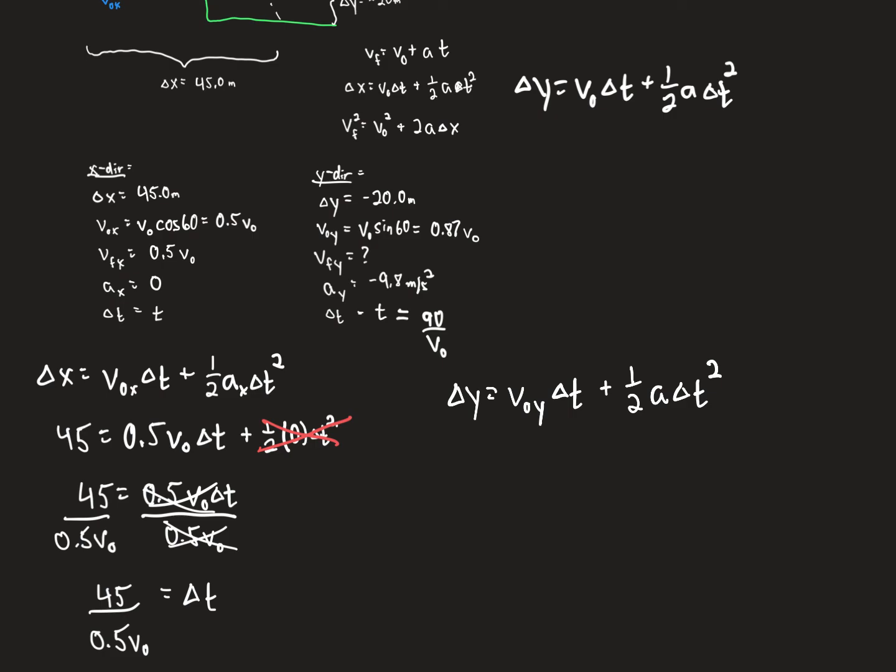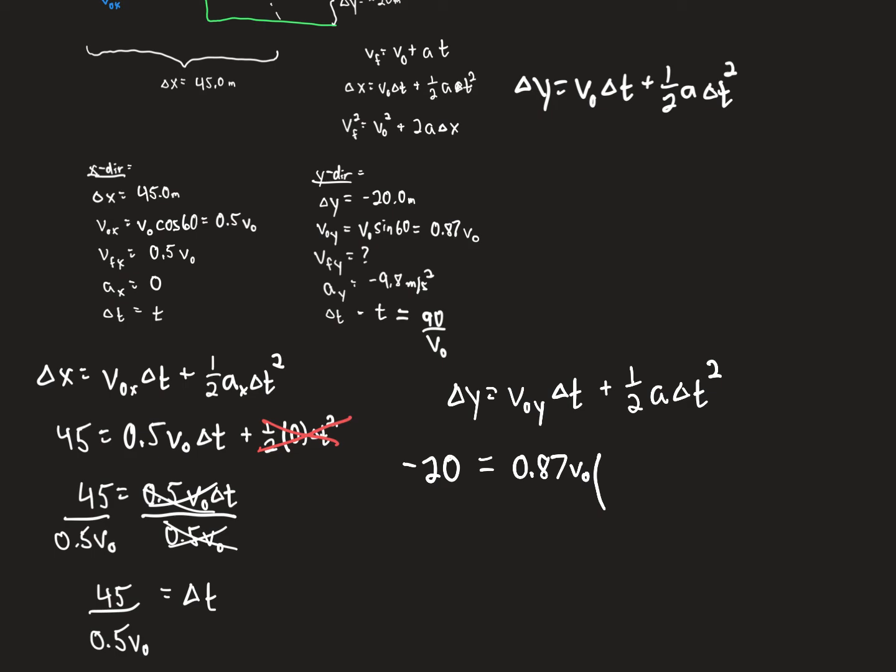Change in x. What is change in x? Sorry, change in y. That's what we want. Negative 20. That's the change in y. V initial y. What is that equal to? 0.87 times v initial.